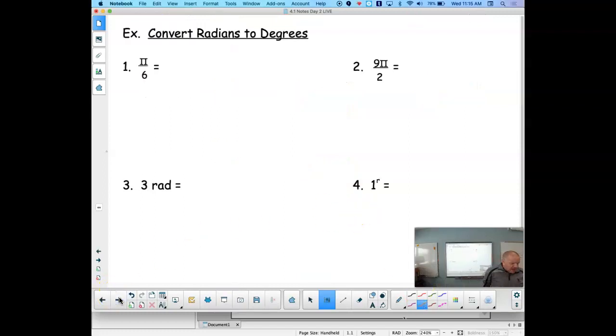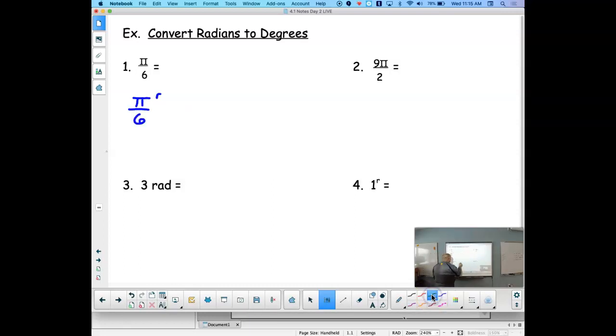Let's try these now. Now we're converting, we're in radians. Now we want to convert to degrees. When we're converting into radians, fraction form is preferred. When we're converting into degrees, we'll take it if it's exact, but decimal would probably be better in degrees. So we're starting here with pi over 6 as our radian measure.